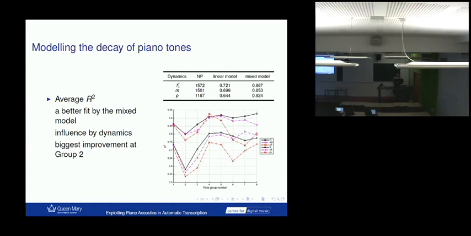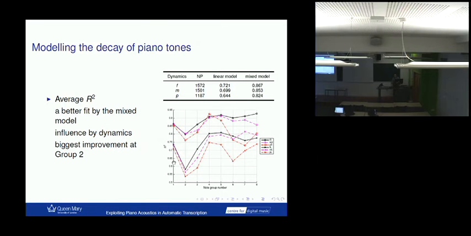Then we can see that for all different dynamics, the mixed model gets better fitting, about 50 percentage points, and the fitting is better for the loud sounds. I think when the sound is quiet, you have less data to estimate from, so your result will be less stable.